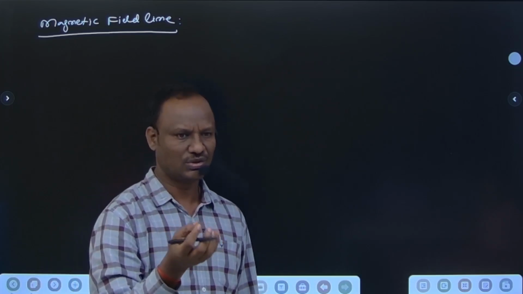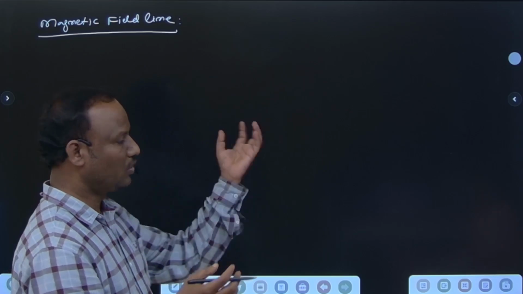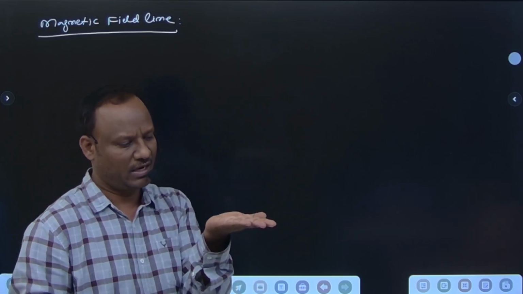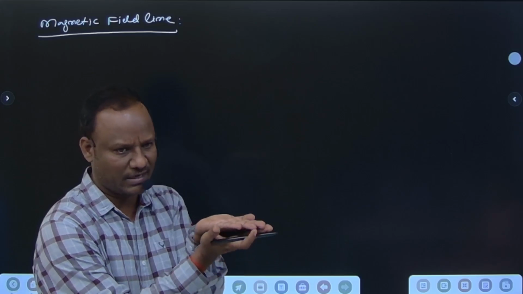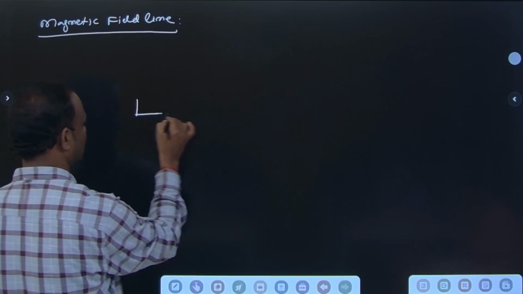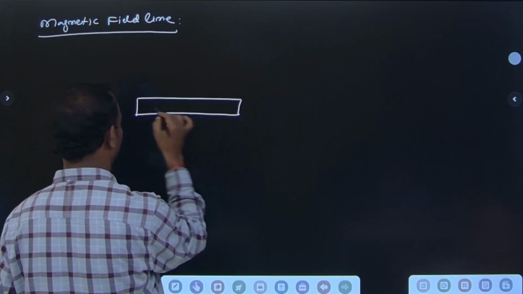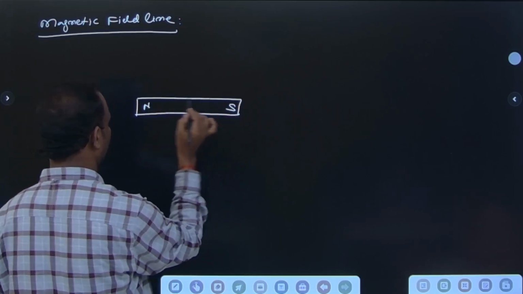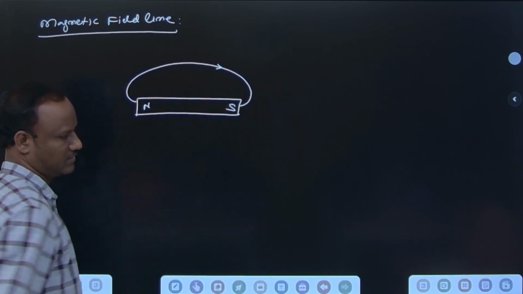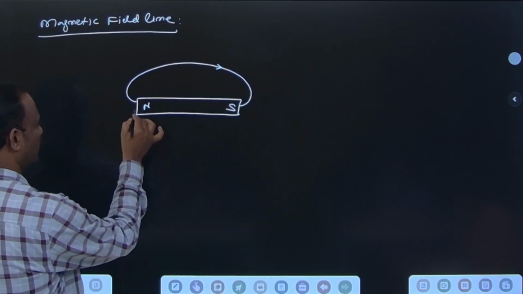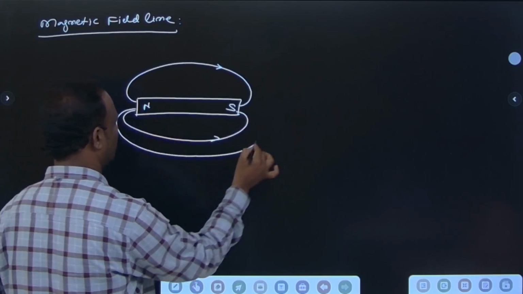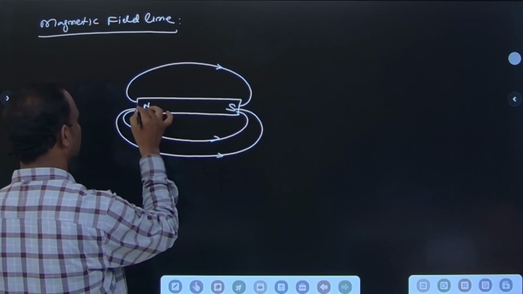The powder is placed on paper, and below the paper you place a magnet, with north on one side and south on the other. The magnetic line of force will be directed like this, from the north pole to the south pole.